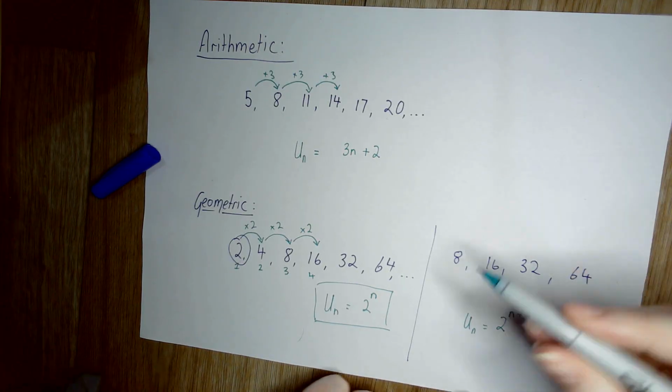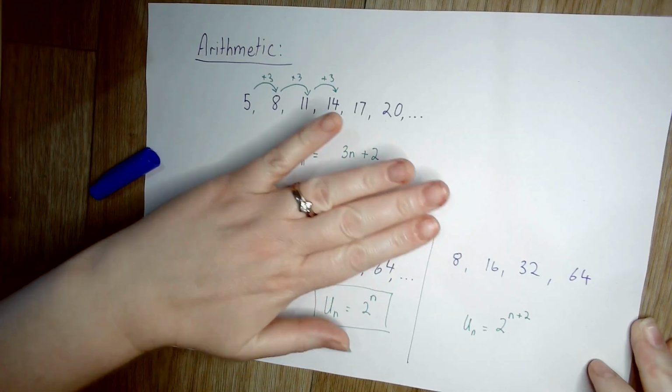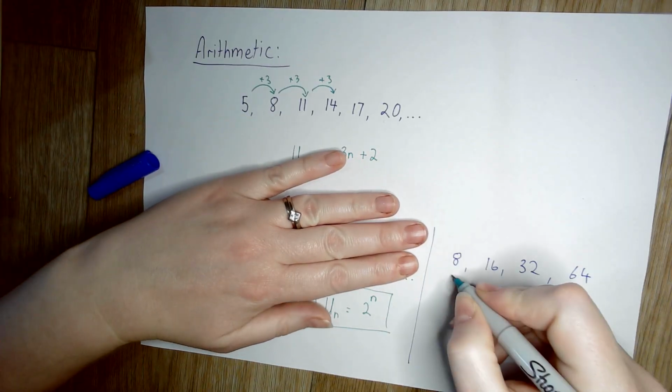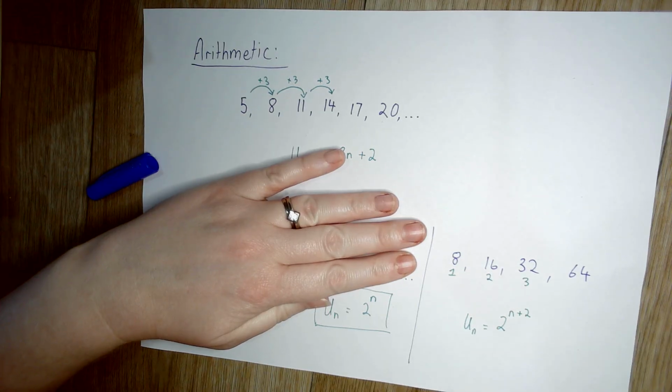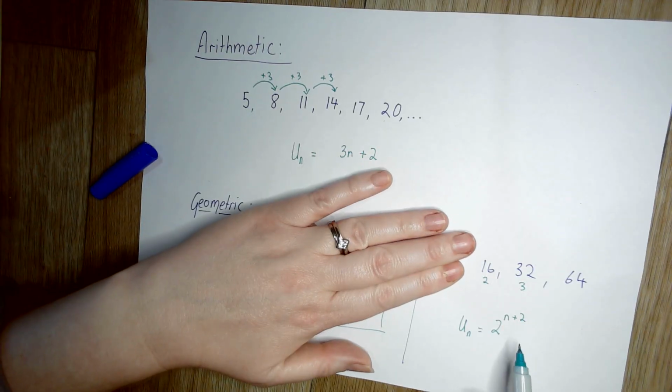Pretending this is a new sequence, this is our place value 1, this is our place value 2, this is our place value 3. So now in place value 1, instead of 2 to the power of 1, I've got 2 to the power of 1 plus 2, which is 2 cubed, which is 8. And then we'd move on to this one.